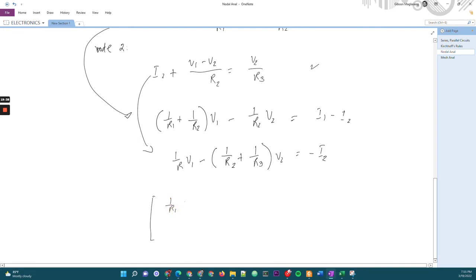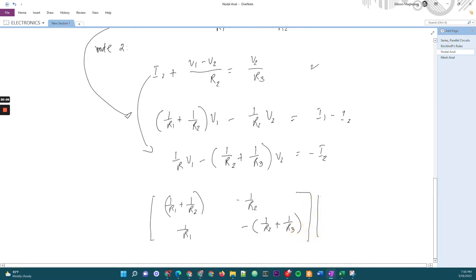1 over R1 plus 1 over R2. Okay, then negative 1 over R2. Then, down here, we have 1 over R1. Then negative 1 over R2 plus 1 over R3.